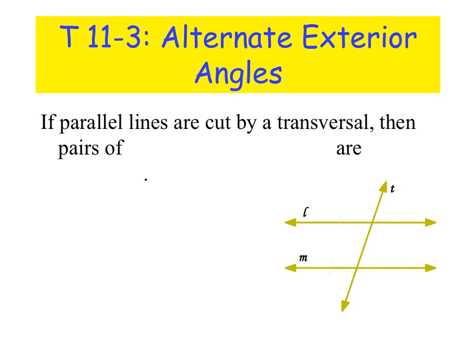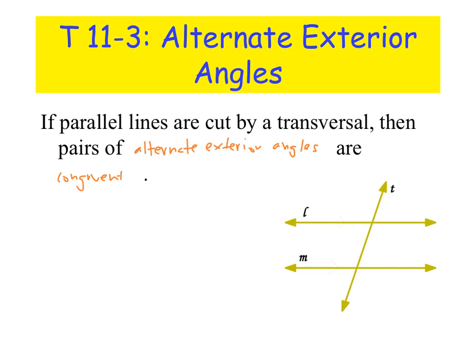All right, last one is alternate exterior angles. If parallel lines are cut by a transversal, then pairs of alternate exterior angles are congruent. So lots of congruent pairs of angles going on in here. Alternate means opposite sides of the transversal, and exterior means outside of my parallel lines.